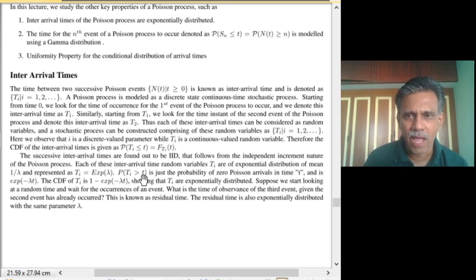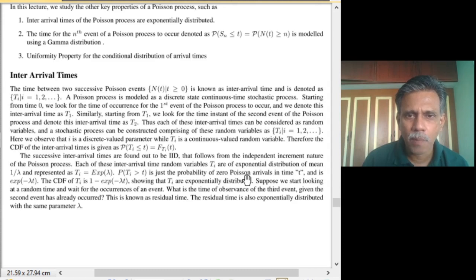We are waiting for the (i plus 1)th customer, and we are interested in a case where the inter-arrival time is greater than t. So the (i plus 1)th arrival should not occur before t, which means there have to be 0 arrivals in the interval of duration t.